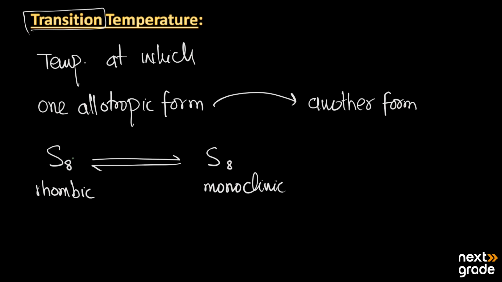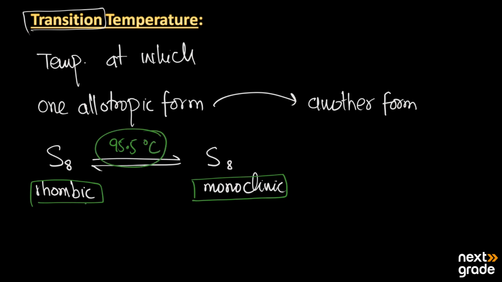The temperature at which these two forms coexist with each other is known as the transition temperature, and the temperature for sulfur is 95.5 degrees Celsius. At this temperature, the rhombic will change into the monoclinic, and if it is in the form of monoclinic, it will be converted into rhombic sulfur.